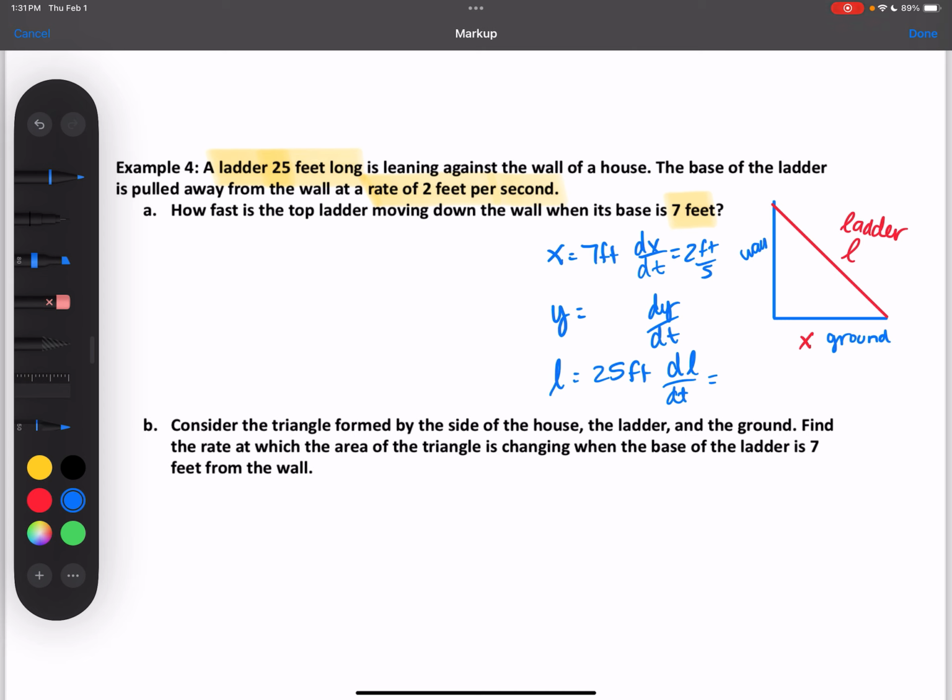All right, so right now I've got a lot of things I don't know, right? Yes. Can we find Y? Yes, let's find y first. So this was 7, this is 25. So y is equal to the square root of 25 squared minus 7 squared.